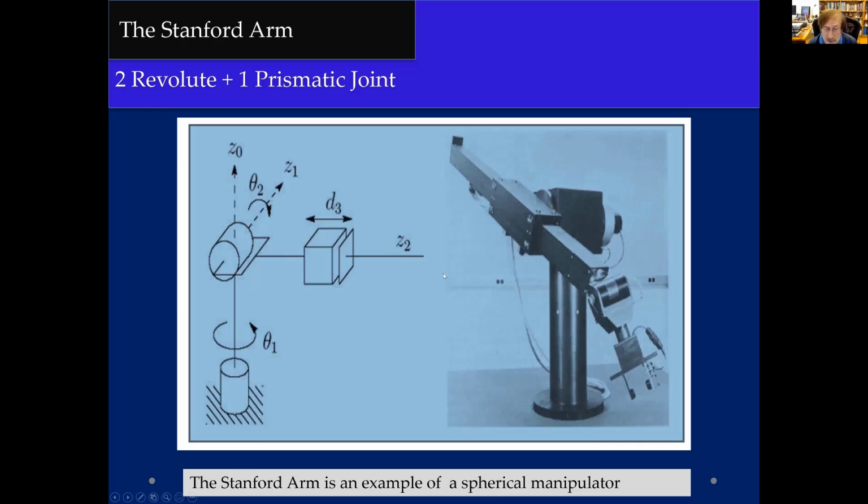Here we see the prismatic joint, and we understand that this one is not a fixed length, but it moves in both directions. It can increase the length or the reach of the robot, or it can decrease it. So we can now see a one-to-one relationship between the symbolic representation and the picture.